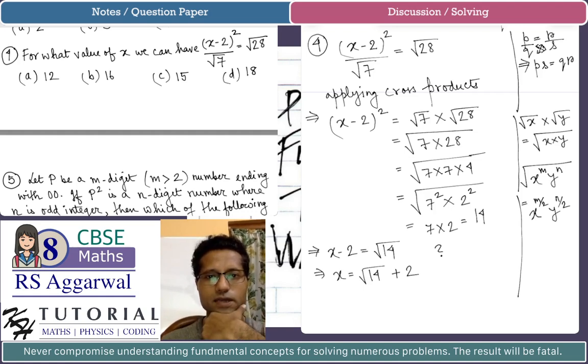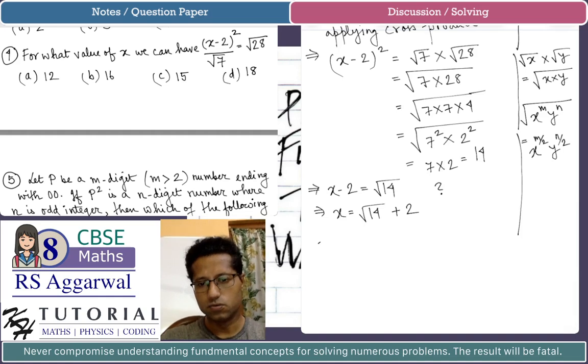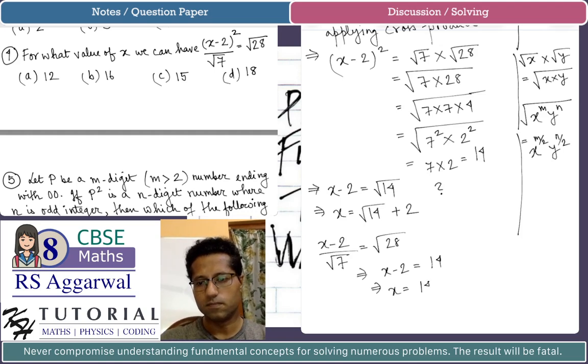If the equation was this, then this will imply that x minus 2 will be equal to, as we have already found, 14. So x is equal to 14 plus 2 equals 16. But this is not the equation as given in the problem statement.